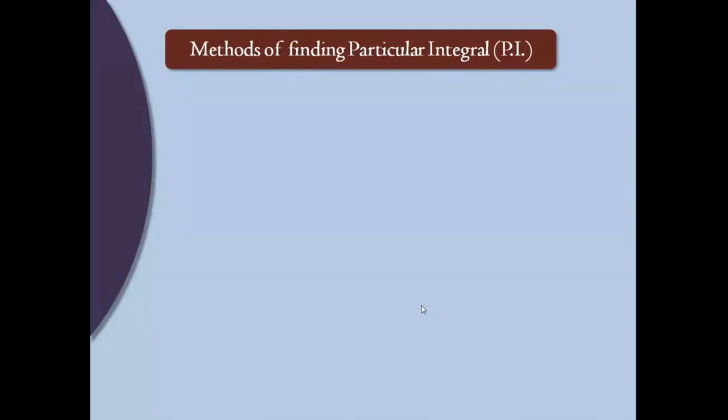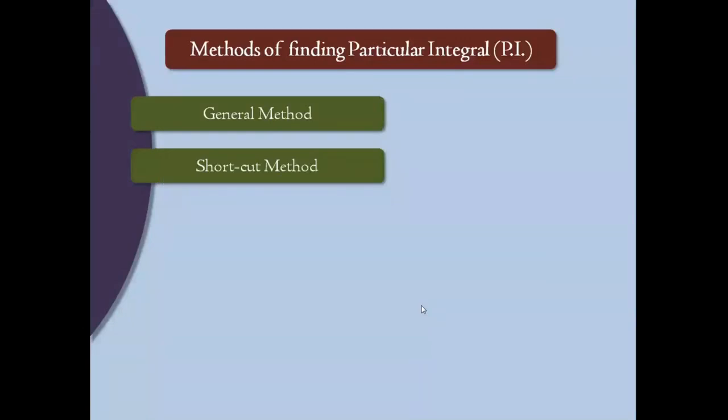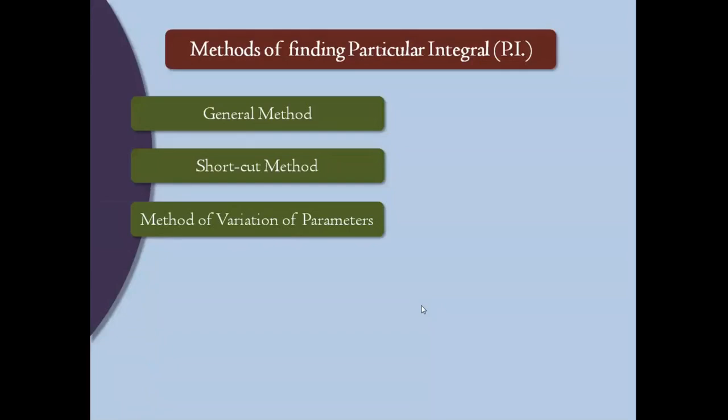For finding the particular integral, there are three different methods. The first is the general method, the second is the shortcut method, and the third is the method of variation of parameters. One by one we'll discuss all three methods to find PI.